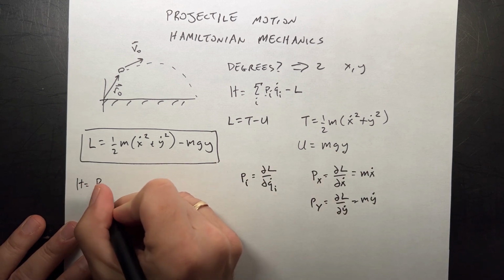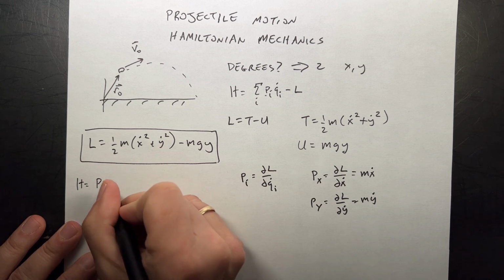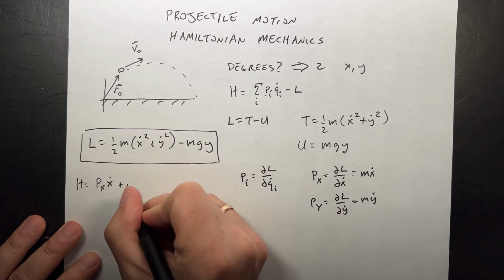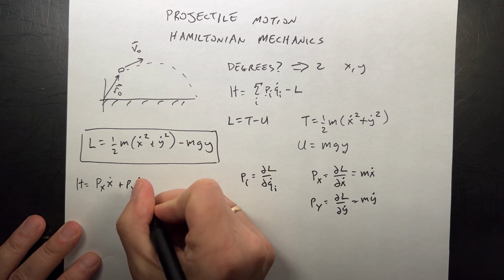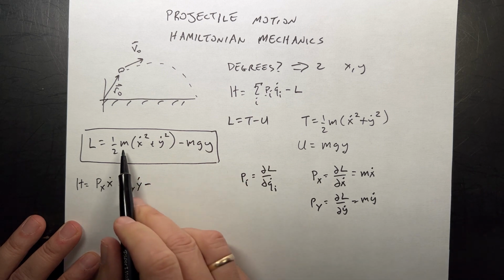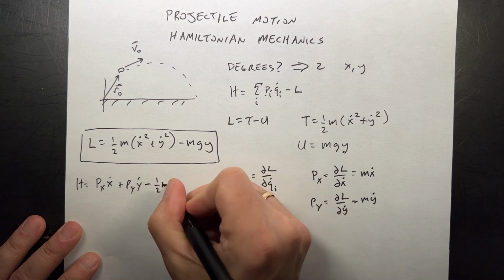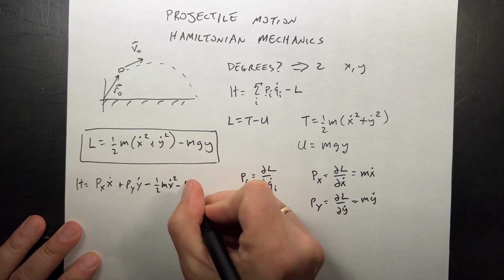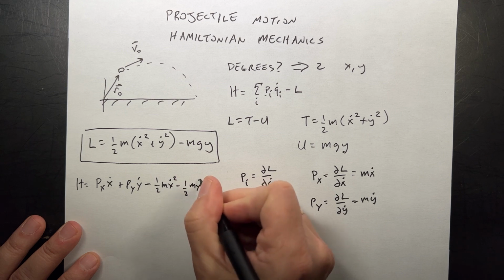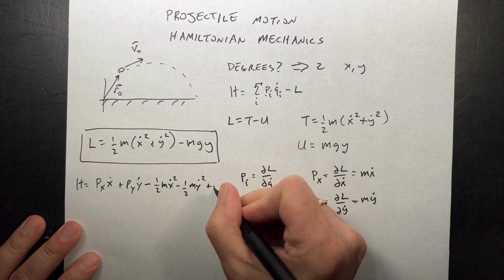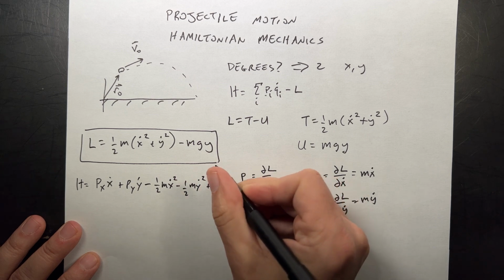p_x x dot plus p_y y dot minus the Lagrangian, which is minus 1/2 m x dot squared minus 1/2 m y dot squared plus mgy.